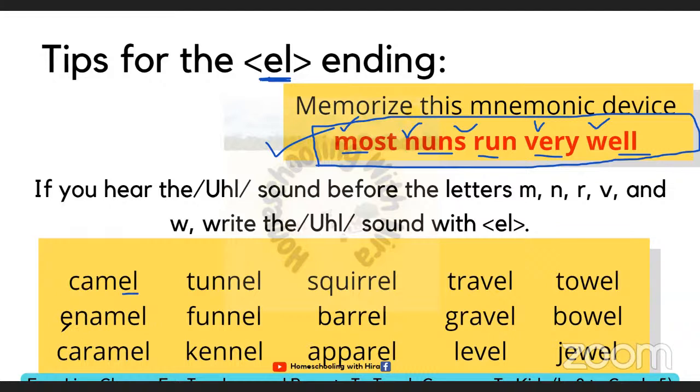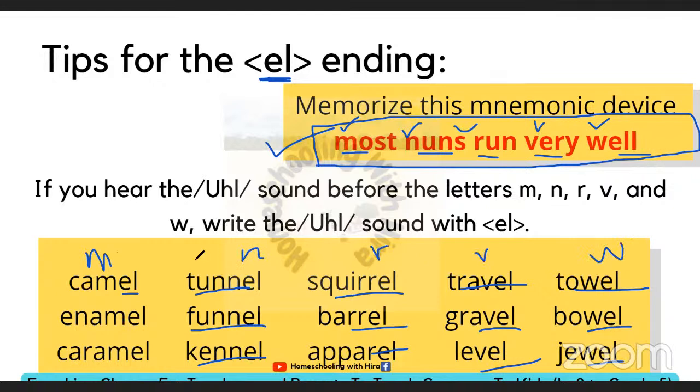Enamel, right? Caramel, tunnel, funnel, channel, squirrel, barrel, apparel, travel, gravel, level, towel, bowel, jewel, right? So we have M with L, N with L, R with L, V with L, and W with L.